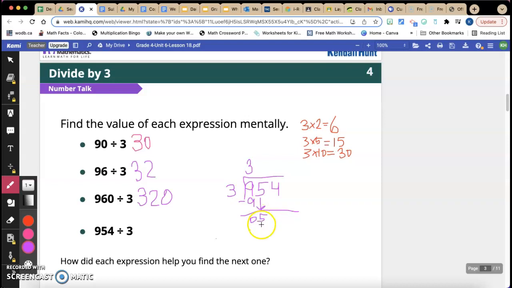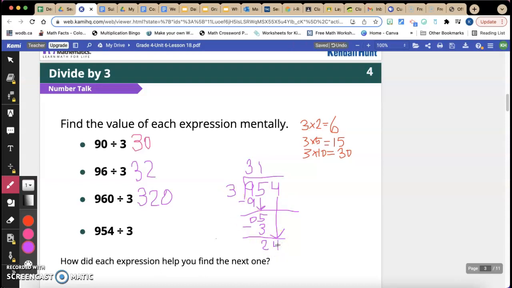Will 3 go into 5? Not even, but 3 goes into 5 at least one time. 1 times 3 is 3. And 5 minus 3, that's 2. Do I have anything I can look for to bring down? Sure do. 3 goes into 24.